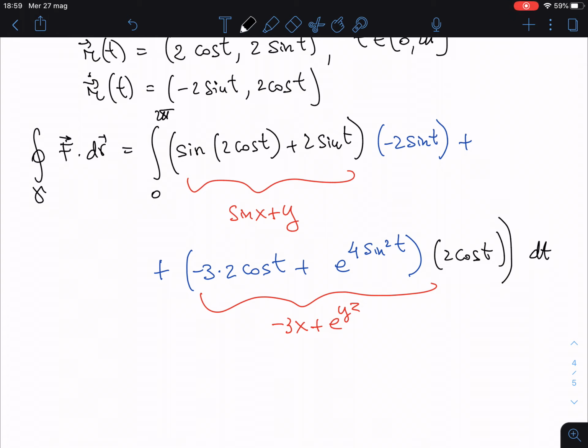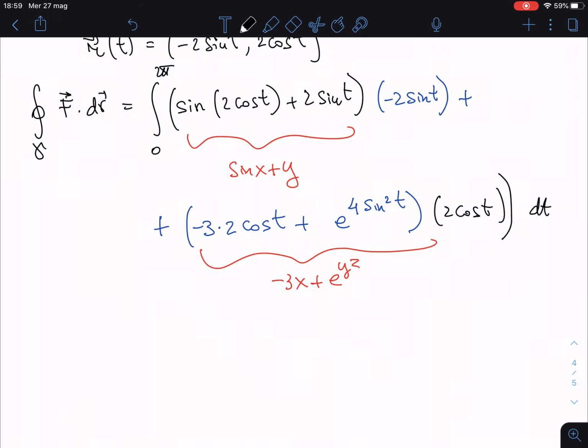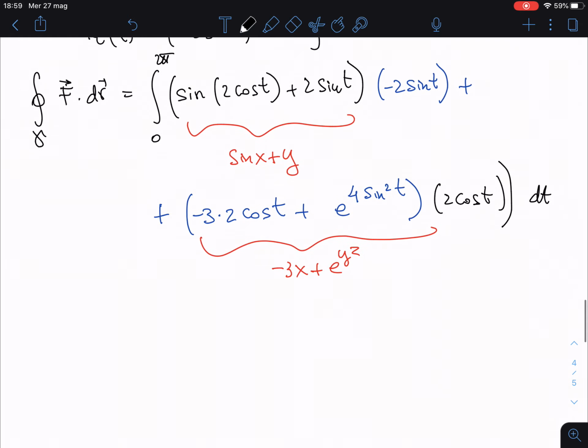I don't want to develop it. It is not impossible, you can try to do it. Probably there will be some mistake here, but so 0 to pi. Here we have minus 2 sine of t times sine of 2 cosine of t dt.